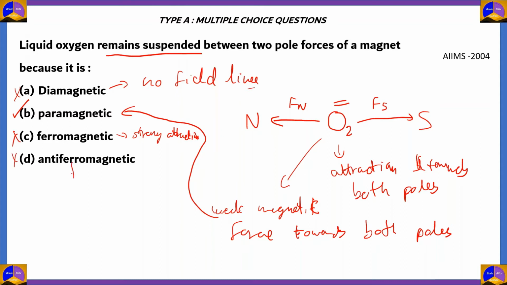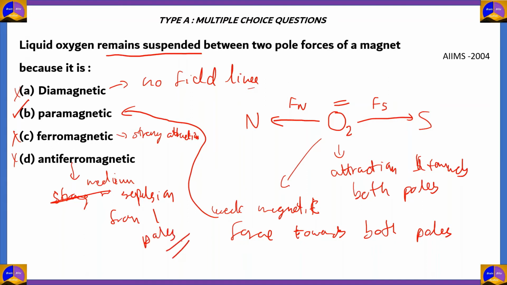And antiferromagnetic, it's again strong, medium repulsion from one pole. So therefore, the right answer is option B, paramagnetic, because it's getting weakly attracted to both sides, and that happens only in a paramagnetic substance where the dipole moments of the atoms get magnetized with the external magnetic field.